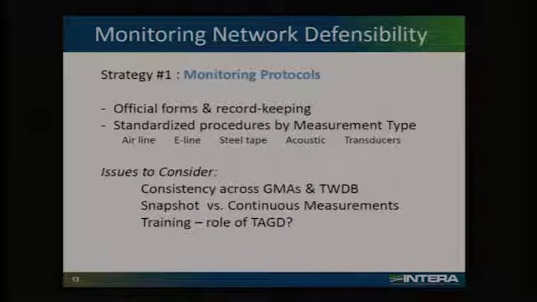And some ways to establish the defensibility of your system, one of the main starts would be to have standardized monitoring protocols in process, and have official forms, record keeping that people can track back, standardized procedures by measurement type. Obviously, you want to have a protocol for if you're measuring via airline, E-line, transducers are going to be entirely different.